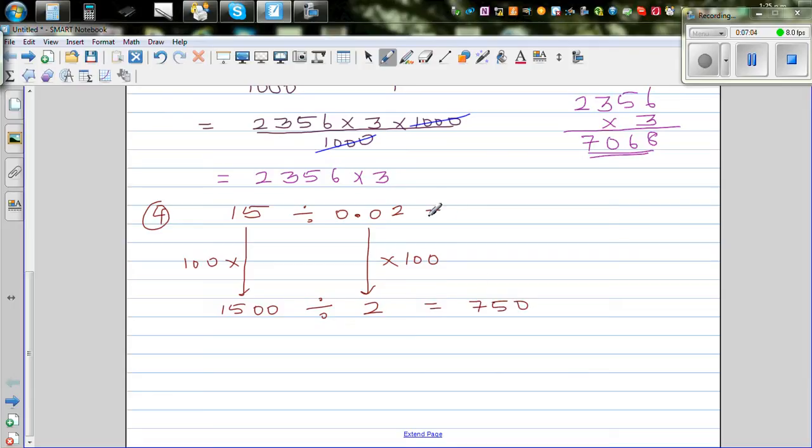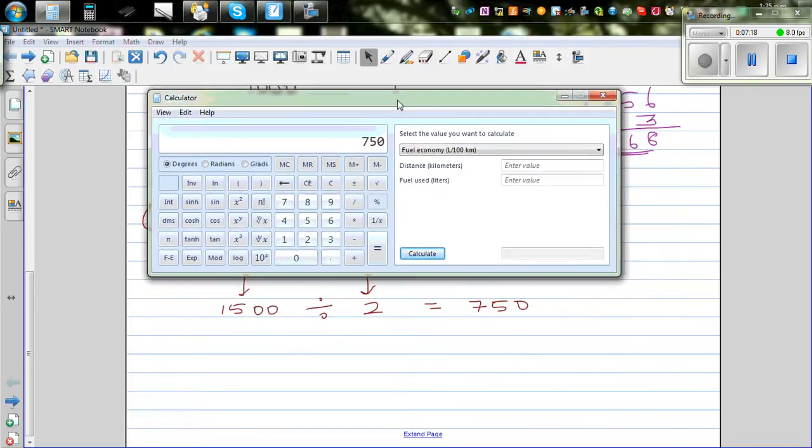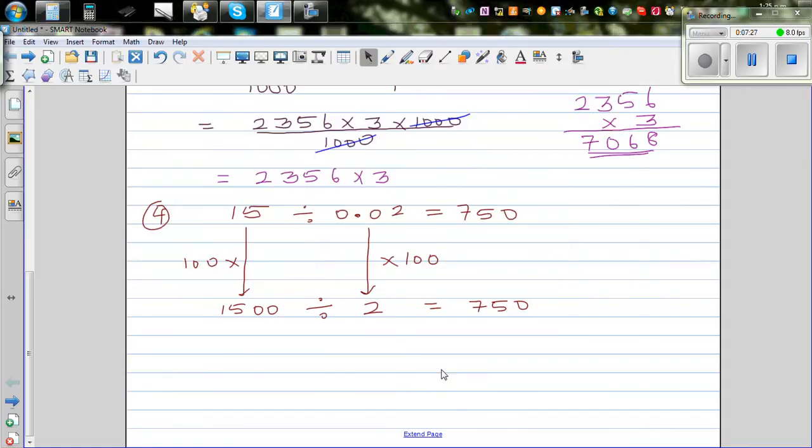So this would also be 750. Let me show you both on a calculator. 15 divided by 0.02 equals 750, and 1500 divided by 2 is also 750.